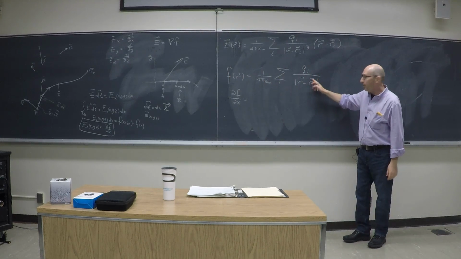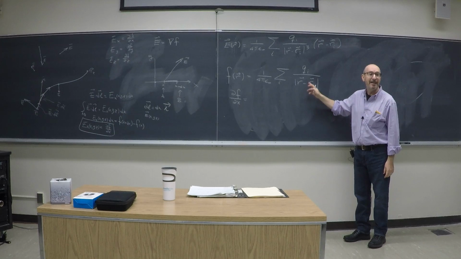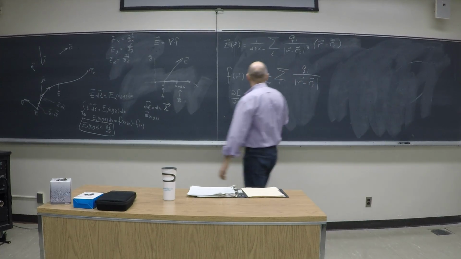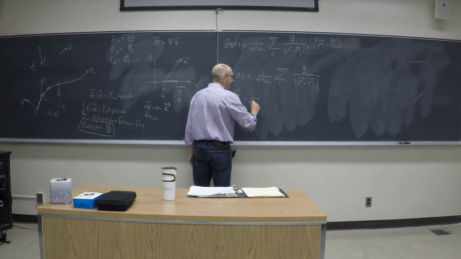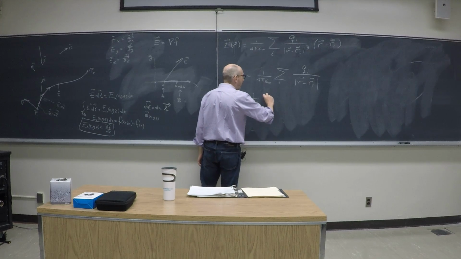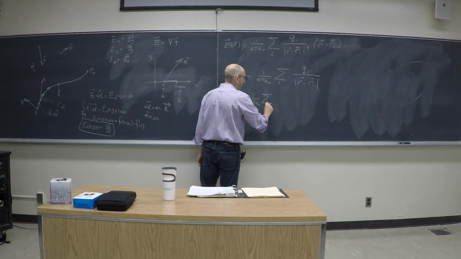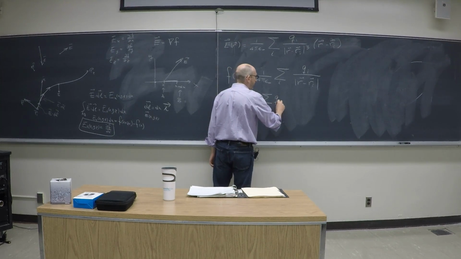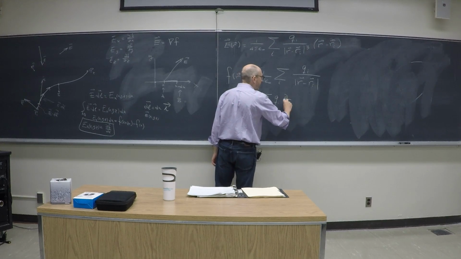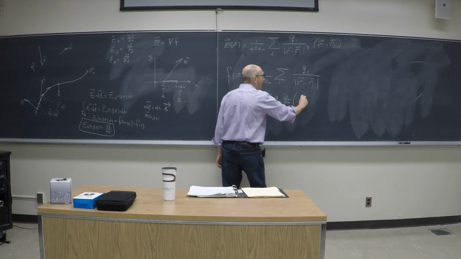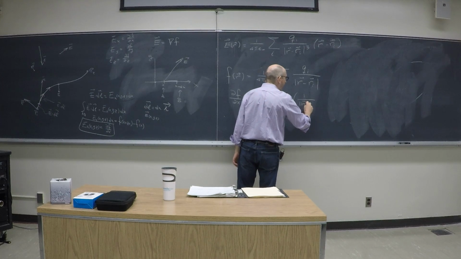Well, I don't see x here, so let's make it explicit. So it's going to be a constant 1 over 4 pi epsilon 0, then the derivative with respect to x, because it's a sum, I can take the sum out, sum qi, and then the derivative with respect to x of 1 over |r minus ri|.